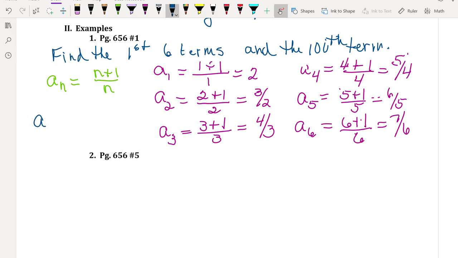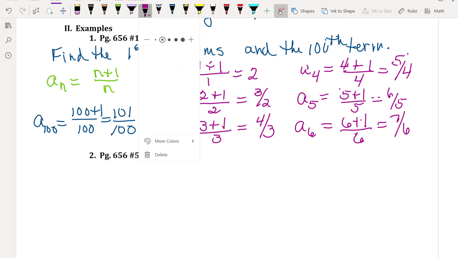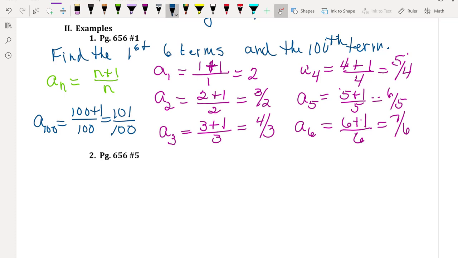And a sub 100 is going to be 100 plus 1 over 100, which will be 101 over 100. So that's why it's called explicit, because you can find any term without having to know a specific term because you're given a formula.